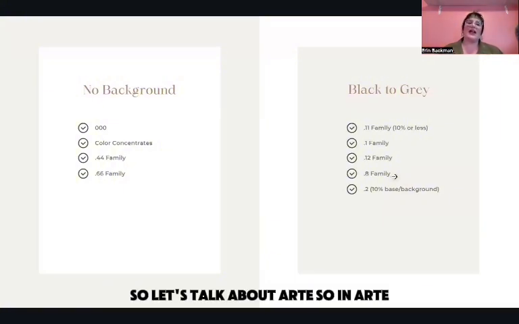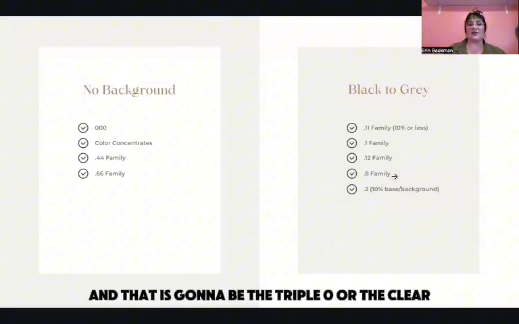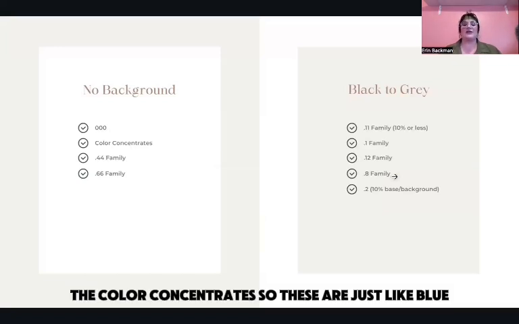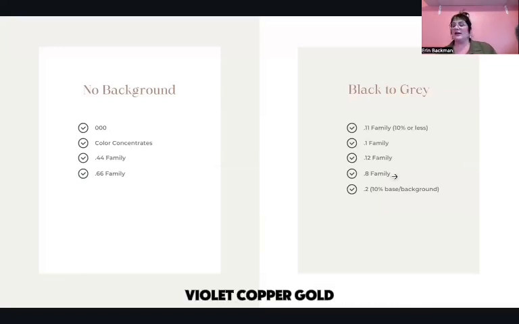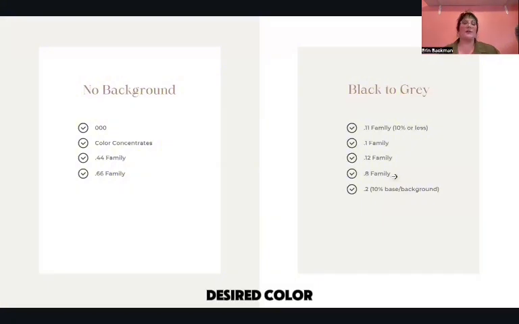So in Arete, there are only a few tubes that do not contain any background, and that is going to be the 000 or the clear. The color concentrates, so these are just like blue, violet, copper, gold, red, and green by themselves. So they can be added to any tube to create desired color.